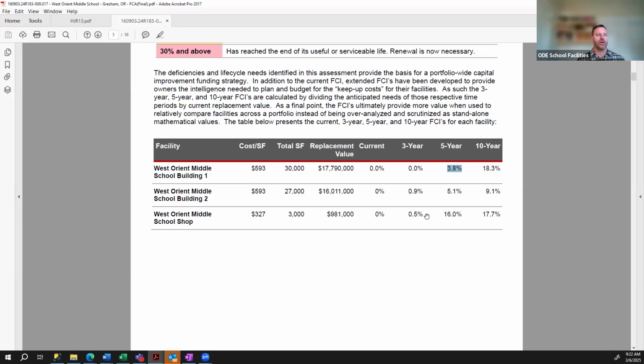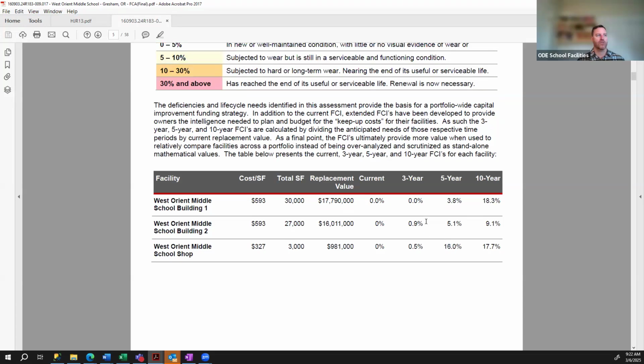However, if you look at the shop in 5 years, it's getting up into that 16% range, which has long-term wear and tear and is near the end of its useful life. So if you sink some money into that shop, you'll extend the life of it for another 20, 30 years. It's essentially what this table is showing you.